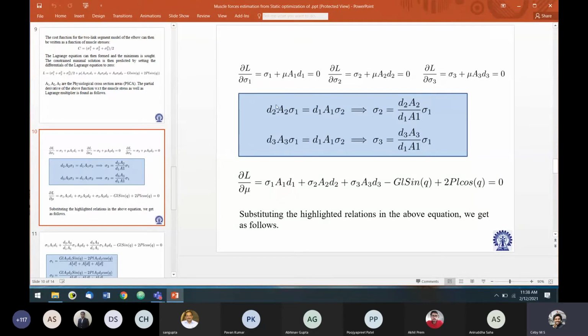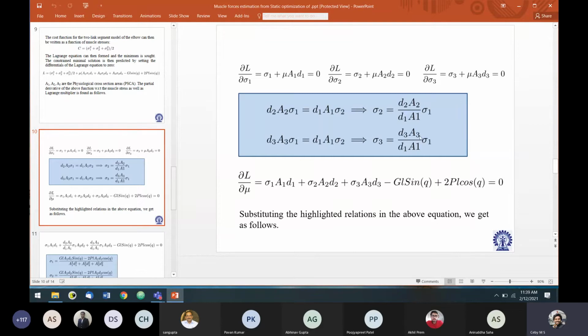You will get sigma 2 equal to d2a2 divided by d1a1 into sigma 1. Similarly, taking the second and third equations, you can get sigma 3 in the form of sigma 1.